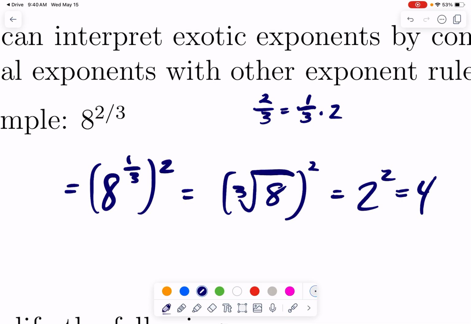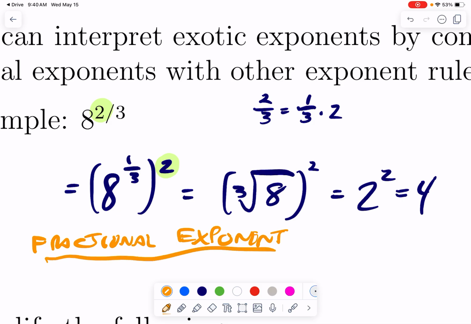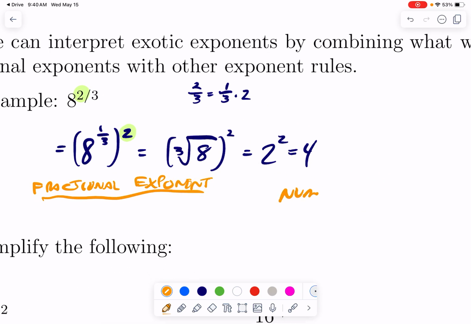Let's just focus on what's going on here for a general pattern. When we have a fractional exponent, the numerator represents the power. Right, let's write this down. For a fractional exponent, the numerator corresponds to the power, and the denominator corresponds to the root.